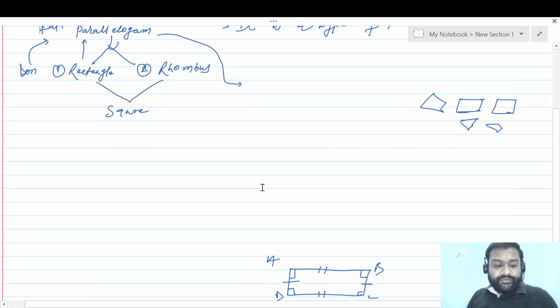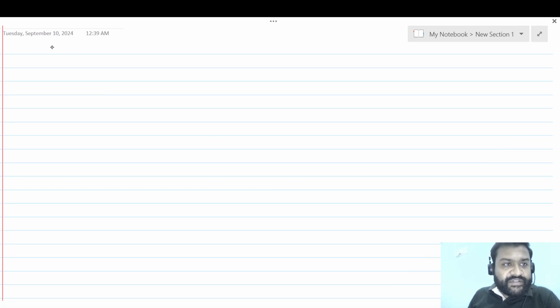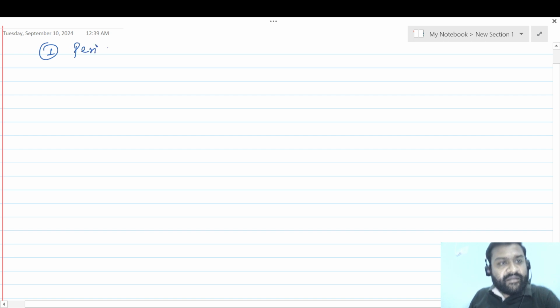So just to start, we'll start with the perimeter of a rectangle. So what is perimeter?